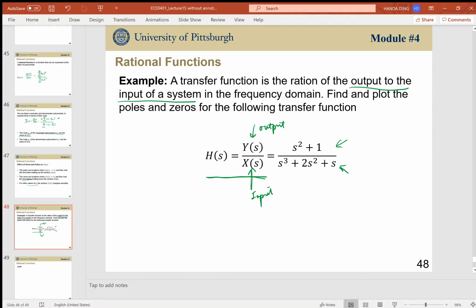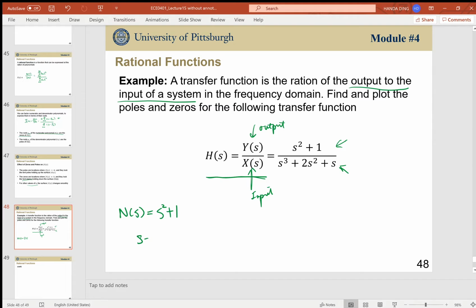The first step will be to go to the roots format, right? How many roots does it contain? Your numerator, that would be straightforward, right?